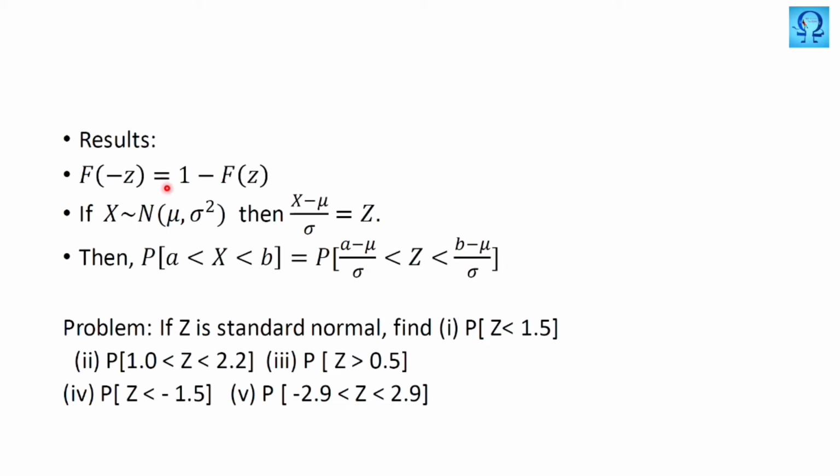F of minus z is the same as 1 minus F of z because of the symmetry. With this substitution, suppose you have to calculate the probability that x is taking values between a and b, you can just do the substitution and find it. Now in this problem we are asked to find the probability of z smaller than 1.5.